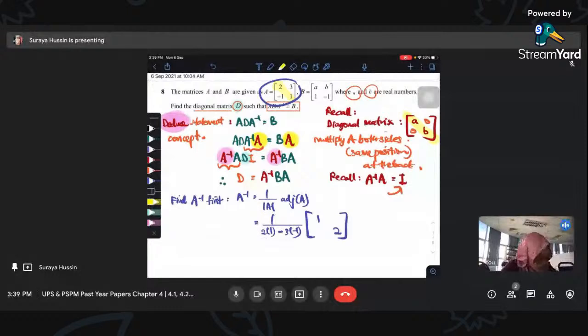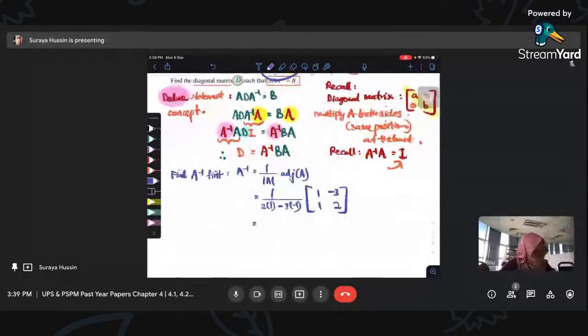Whereas here will become negative 3 and here will be 1. Therefore, 2 plus 3 is 5, which is 1 over 5, 1, negative 3, 1, 2. There you go. You have your inverse of A already.